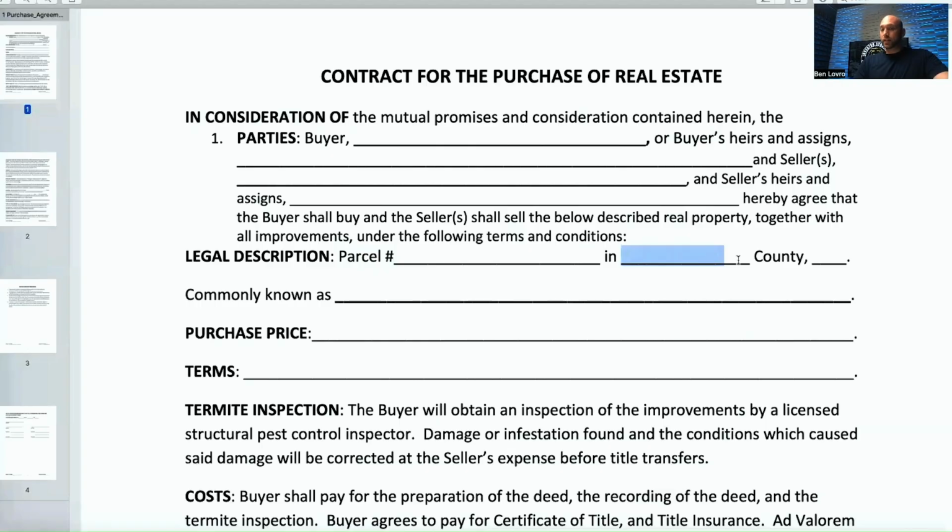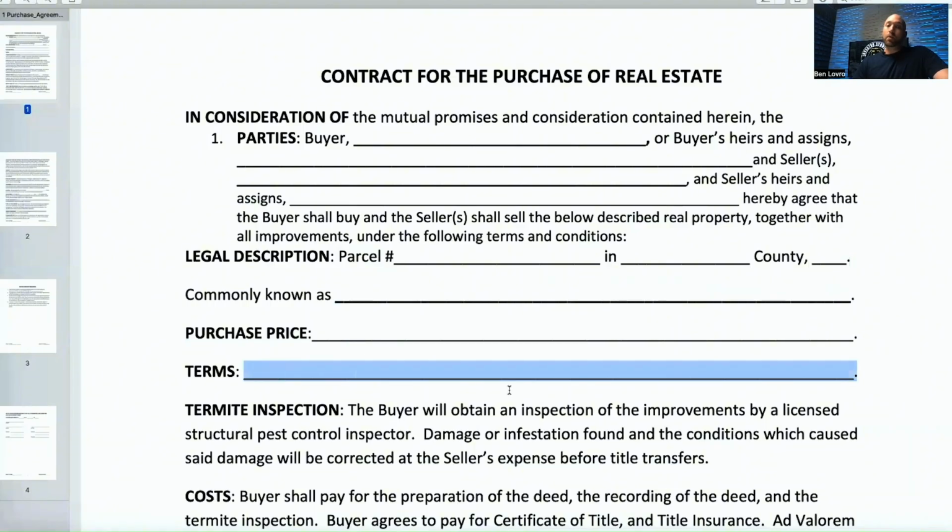And of course, in this county, so if we're doing business in Richland County, Columbia, South Carolina, that would follow right here. South Carolina, right? This area is for the state. Commonly known as, you're simply putting the address. 123 Main Street is the property address that we're buying from Mr. John Doe, right? Purchase price, whatever that total purchase price amount is.